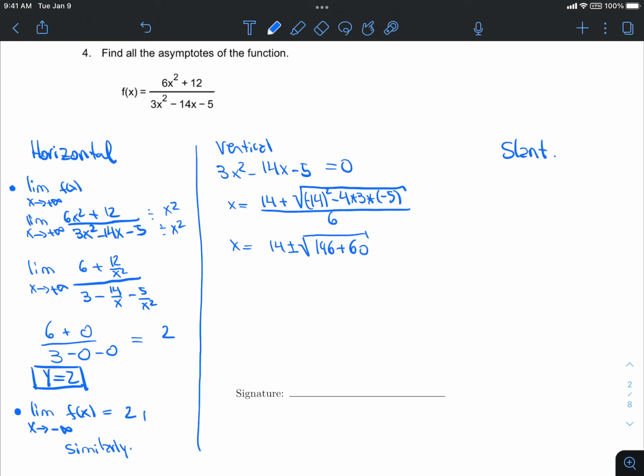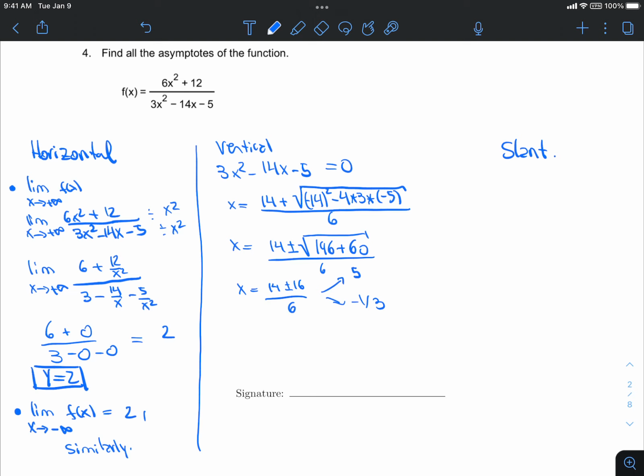So we're looking for the square root of 256, which I believe is 16. So that means x either equals 30 over 6, which is 5, or minus 2 over 6, which is minus a third. And I'll check my 256 answer in a second, just to make sure I'm not making a mistake. And it looks like everything checks.